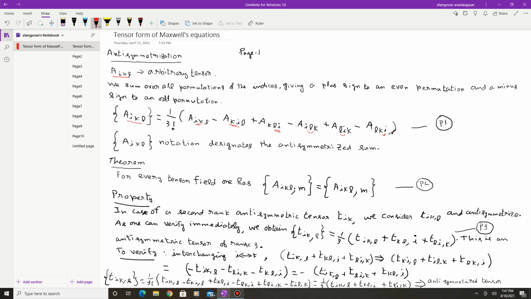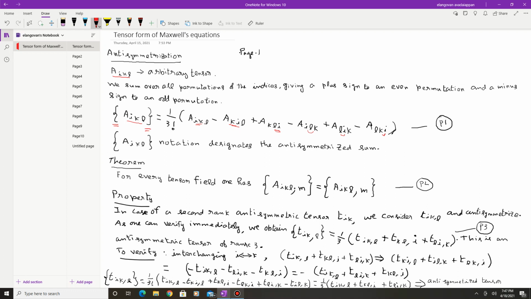Therefore you use a factor of 1 by 3 factorial, that is 1 by 6. If A_ikl is an arbitrary tensor, by this process you can get an anti-symmetric tensor. This symbol is the curly bracket, and the tensor is put within the curly bracket, so the whole thing we call an anti-symmetric tensor.